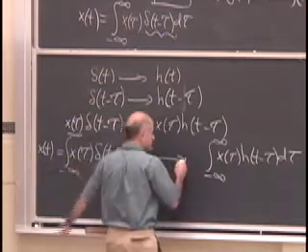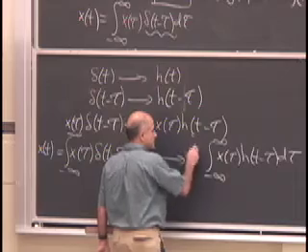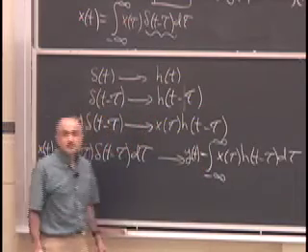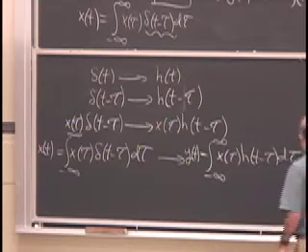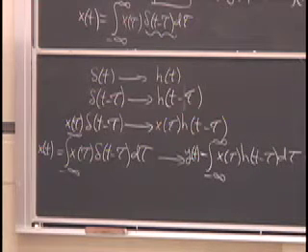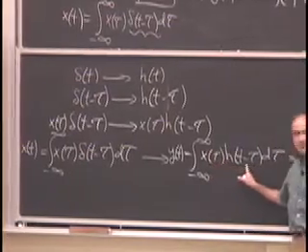If that's the general input to the system, then this must be the corresponding output. Okay? Everything follows through from linearity and time invariance. And of course, you recognize this integral from one of your problem sets as the definition of the convolution of x and h.